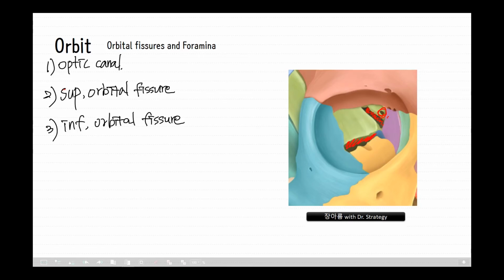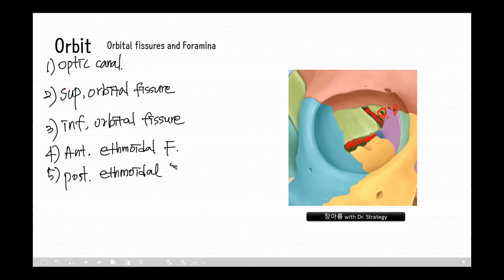And number 4, anterior ethmoidal foramen. Here. And number 5, posterior ethmoidal foramen.